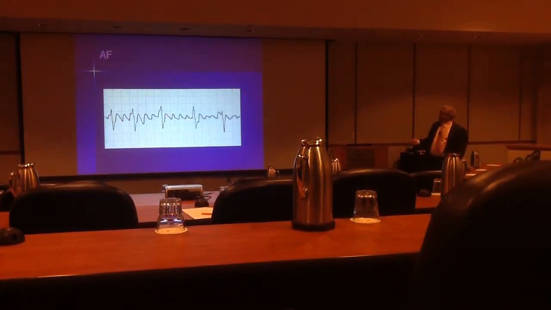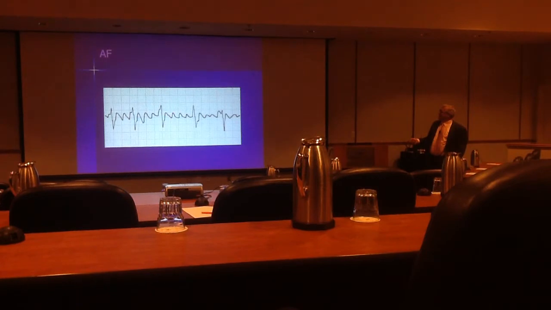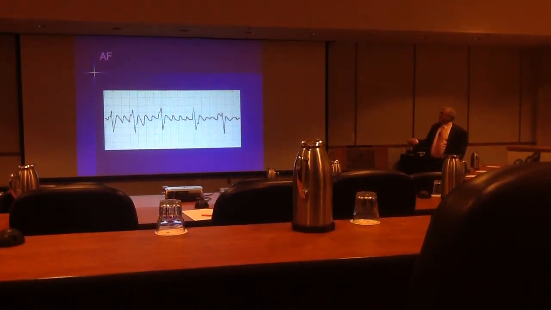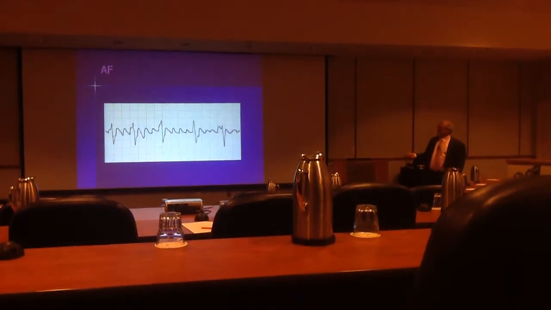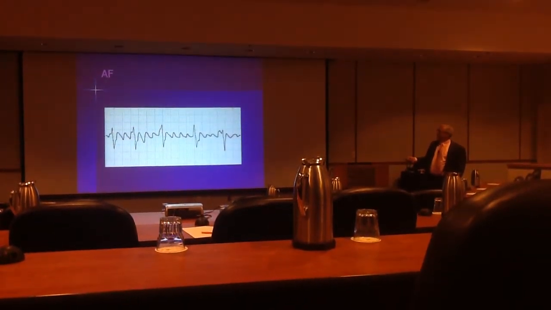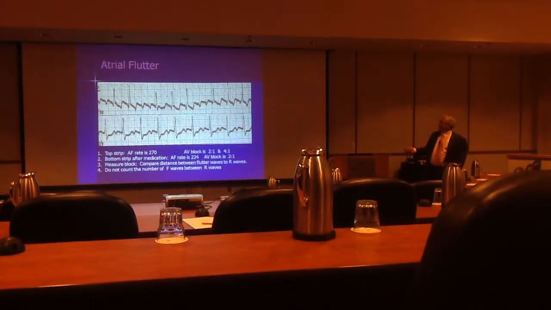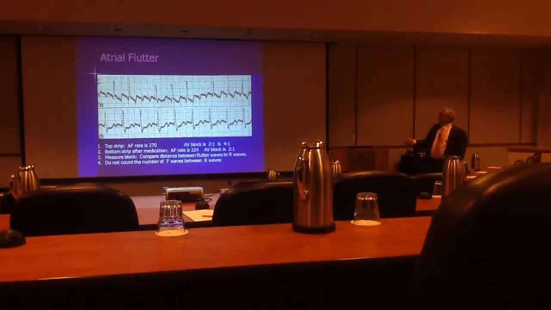And all of these things, if you measure from the peak of there to there to there to there, it's all equal, okay? So those aren't T waves or some abnormality. Those are actually flutter waves. And in this case, again, a sawtooth appearance.